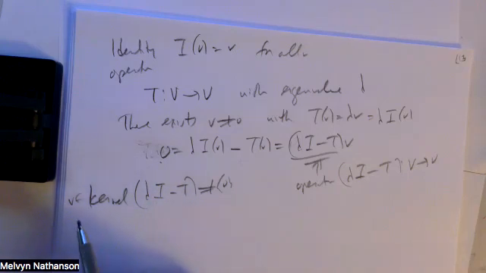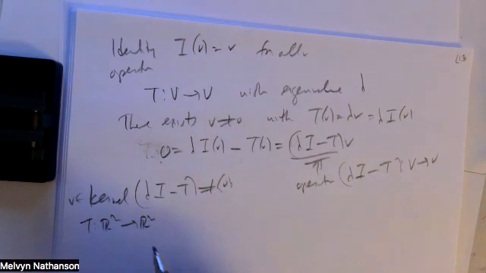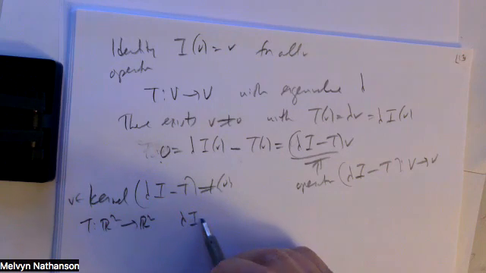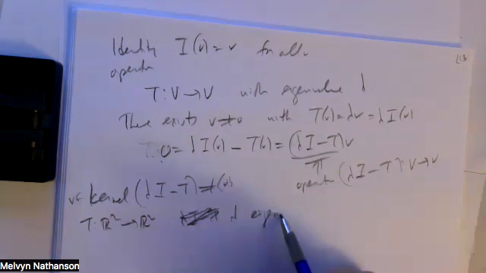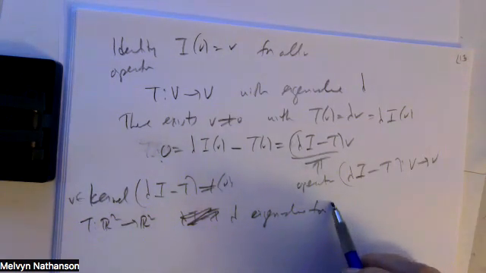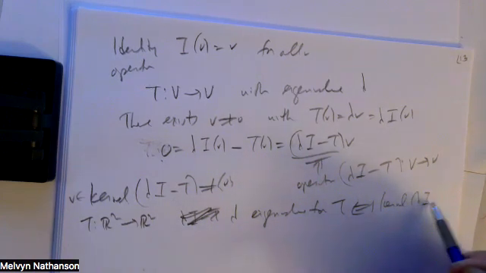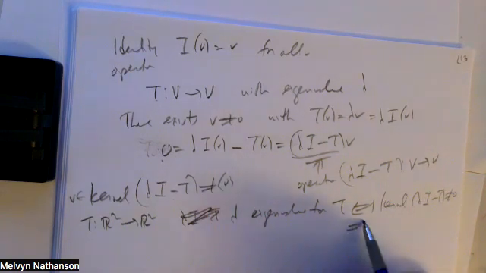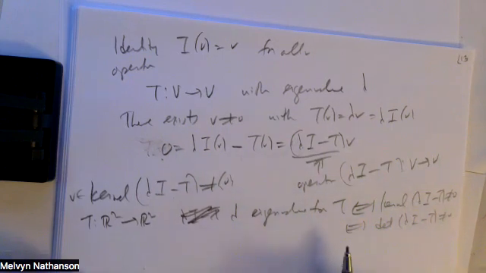So I want to do that just in the case of 2 by 2 matrices. So suppose we have T from R2 to R2. This general principle says that lambda is an eigenvalue for T if and only if the kernel of lambda I minus T is not 0, which is the same as saying that the determinant of lambda I minus T is 0.